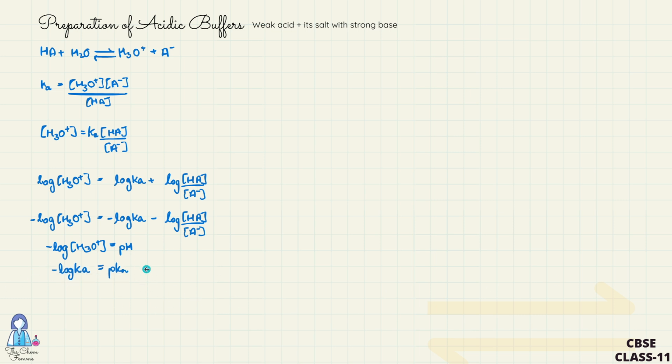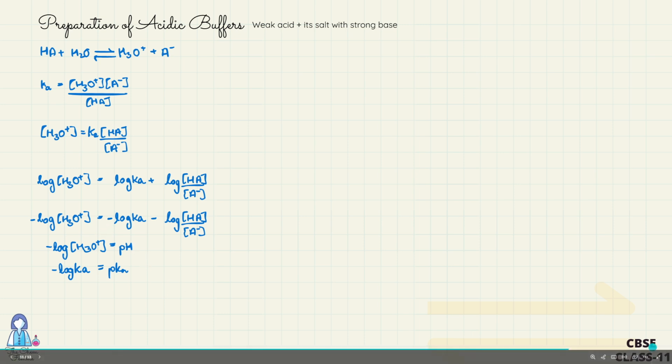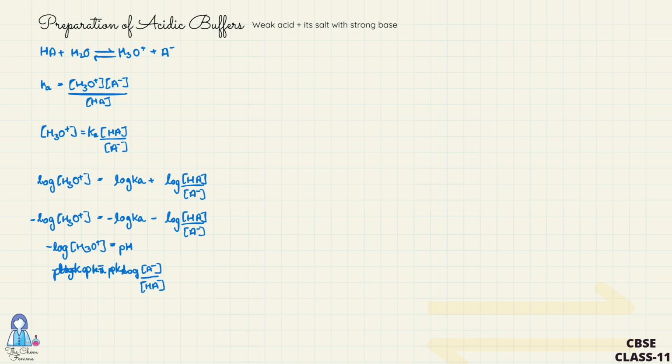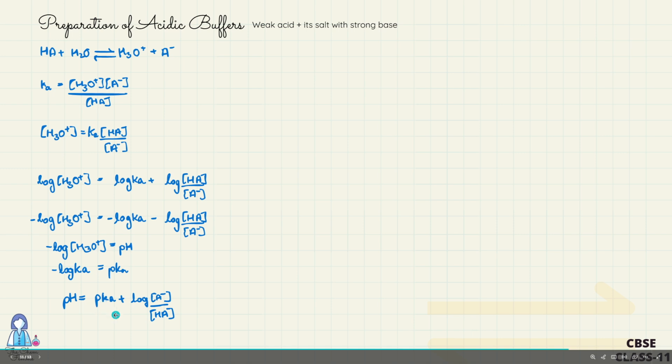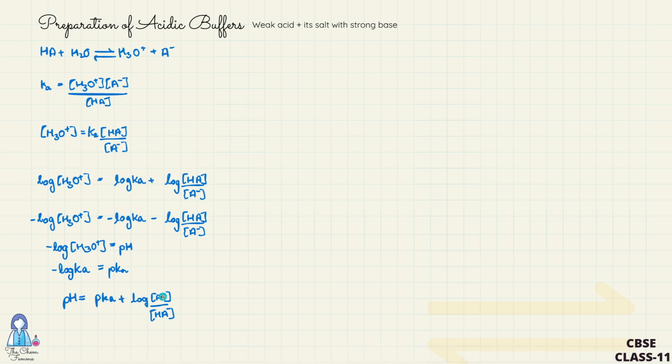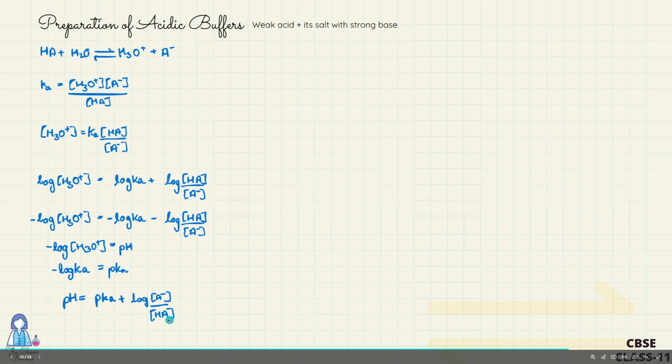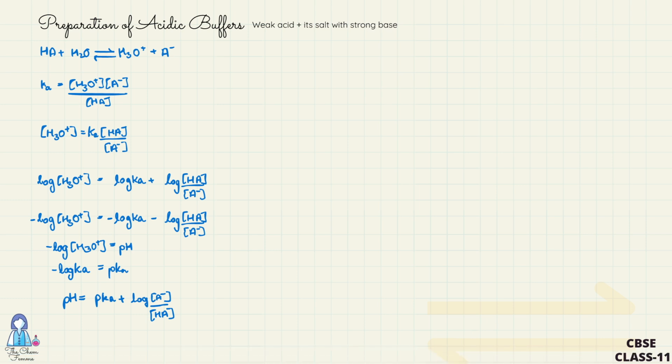Now when we substitute those values, you get this equation: pH equals pKa plus log of A minus by HA. The reason we switched it is because we got back the positive sign, and so we have the numerator as the concentration of A minus divided by the concentration of HA. And this basically is the Henderson-Hasselbalch equation.